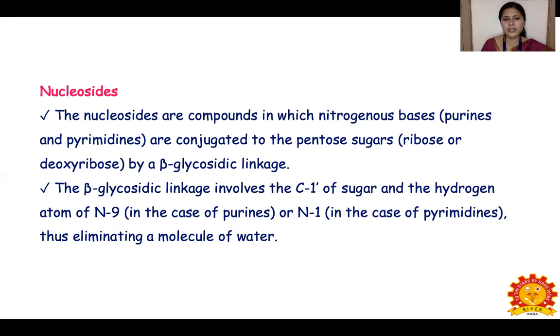The beta glycosidic linkage involves the C1 prime of the sugar and the hydrogen atom of N9 in the case of purines, and N1 in the case of pyrimidines, thus eliminating a molecule of water.